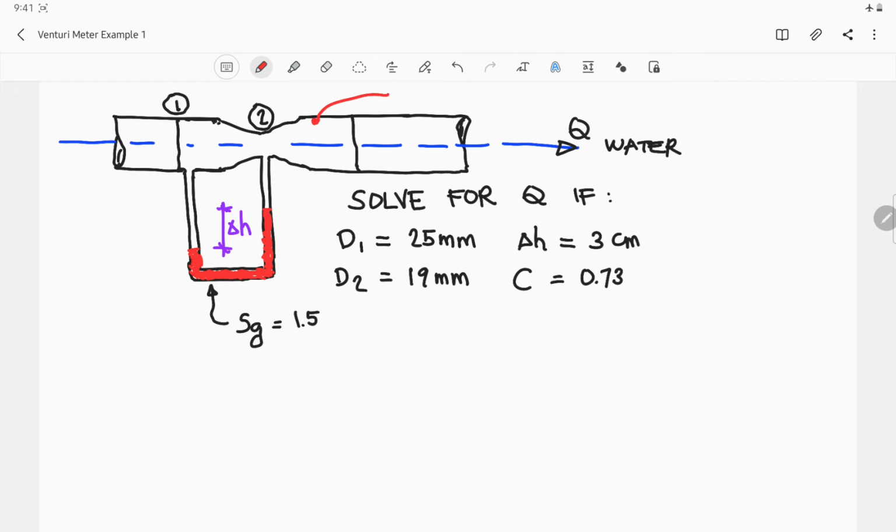So this is actually our manometer, our instrument. So C is the coefficient factor. It will be multiplied to the actual or the theoretical Q, so that we can solve for the actual Q.